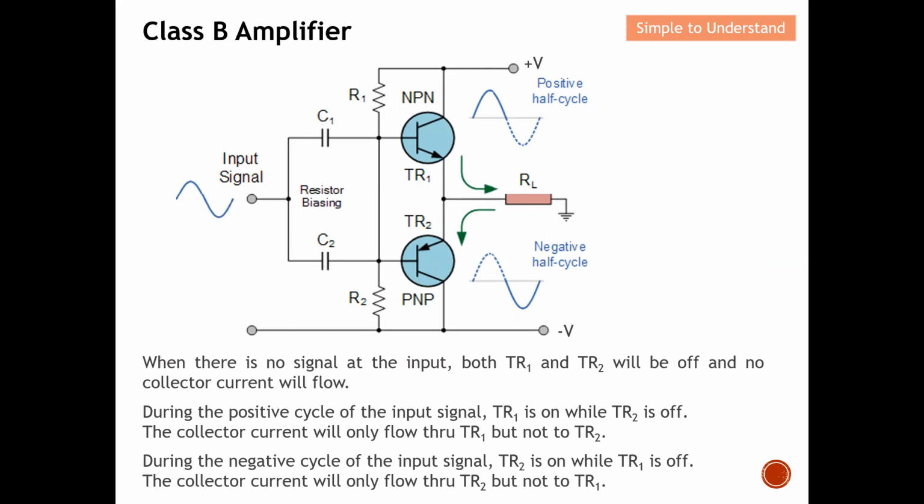So when this happens, the collector current will only flow through TR2, but not TR1. In this case, you can see that the collector current will be pulled into TR2. This is how they get the name push-pull amplifier. So with this, I think you have a better idea how a Class B amplifier actually works.